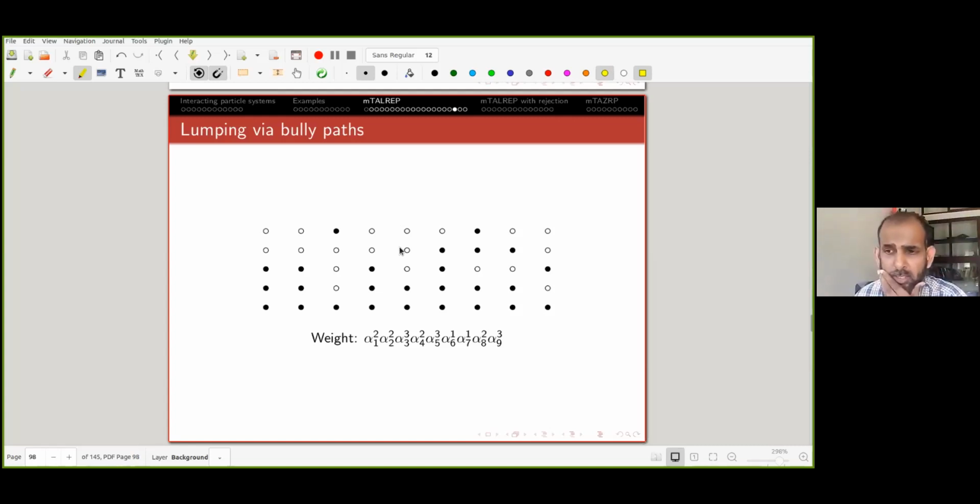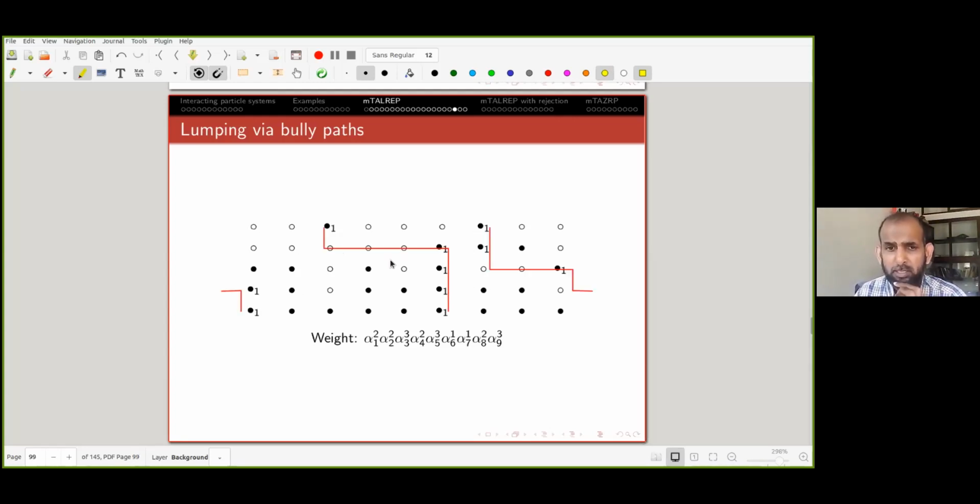The way it goes is the following. First you start with the particles on the top row. Each particle will trace a path, going immediately below and going right until it finds a particle, and repeating. So this particle will go down, find the nearest available particle, after which it will go down and find the nearest available particle, and so on. It will end at the bottom, and all of these will be called ones.